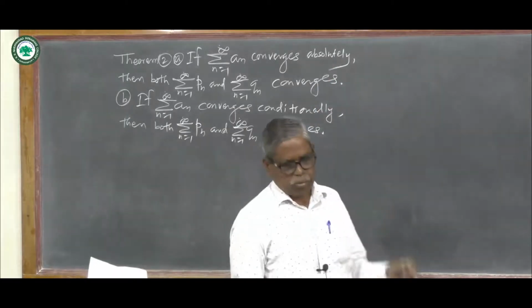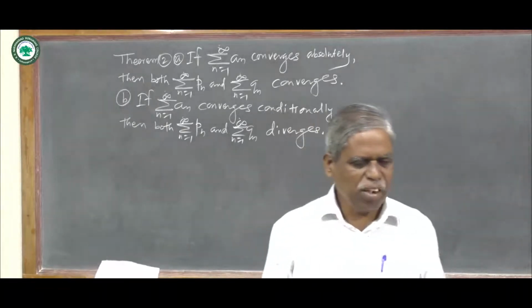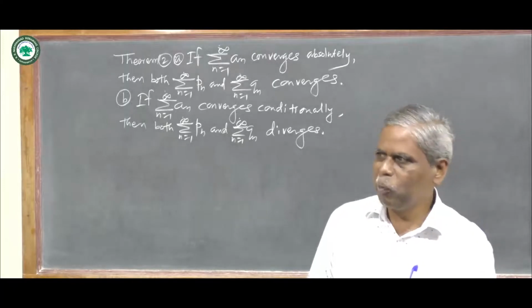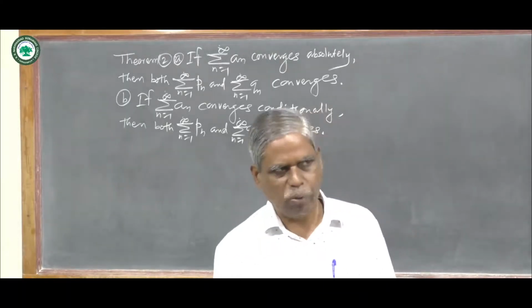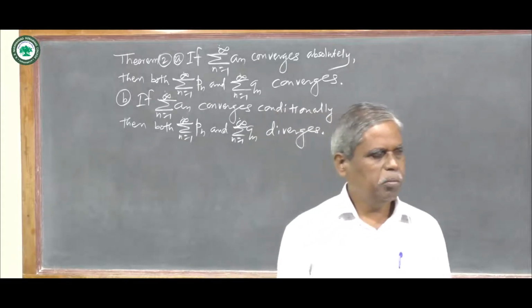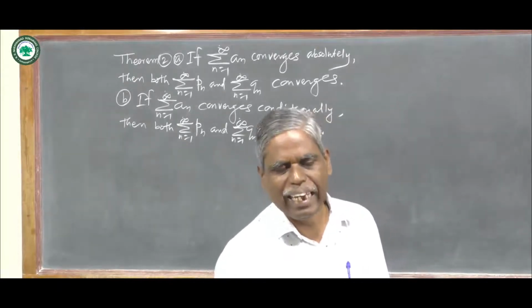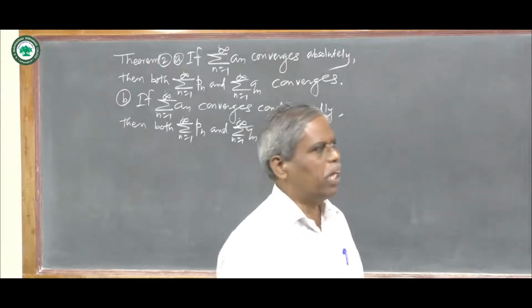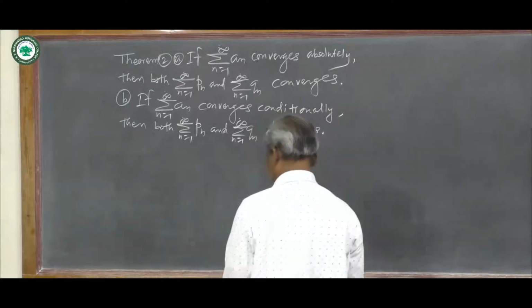This is the statement of theorem number 2. If sigma a_n converges absolutely, then both sigma p_n and sigma q_n converge. And B, if sigma a_n converges conditionally, then both sigma p_n and sigma q_n diverge.